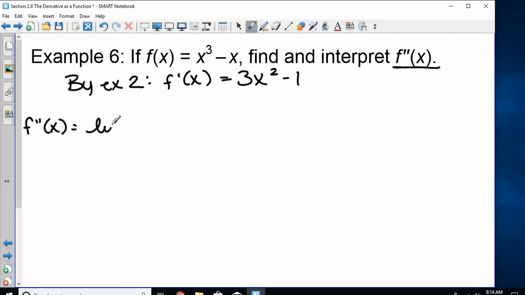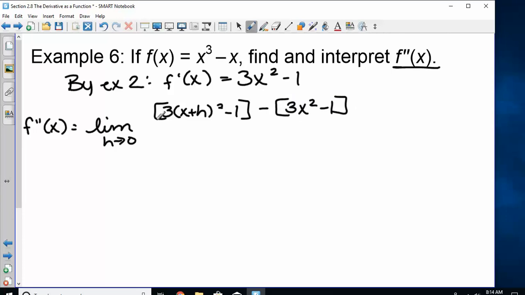So that is the limit as h approaches 0. When you do f of x plus h, you are plugging it into this derivative equation right now. So f of x plus h would be 3 times x plus h squared minus 1, minus f of x, which in this case is the derivative, it's the thing we're doing the derivative of, all over h.